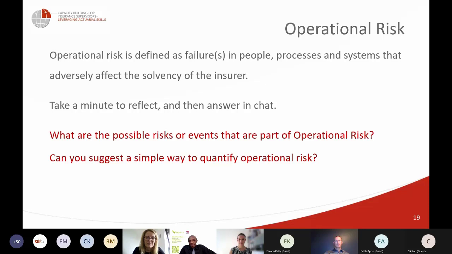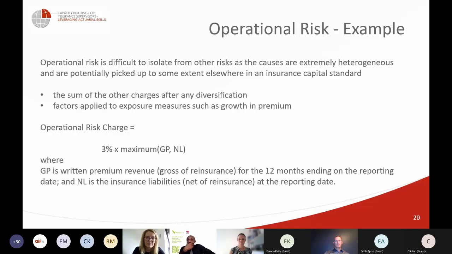And ideally, when you think about operational risk, it becomes the most difficult risk to quantify. Most of the time, regulators around the world tend to use a proxy, the best way of approximating this type of risk.